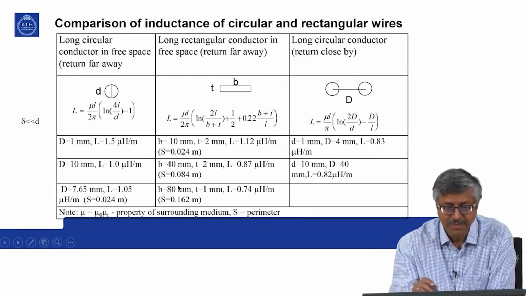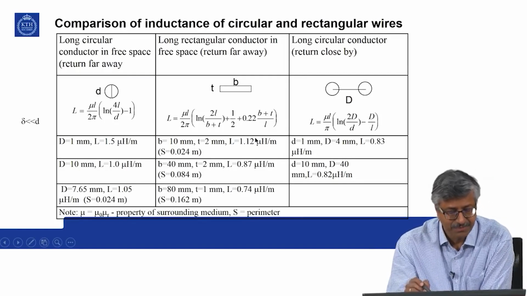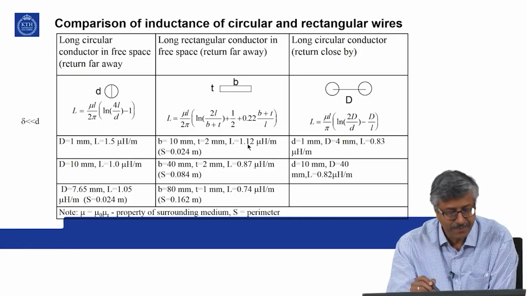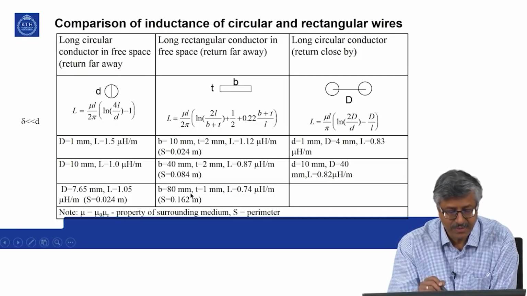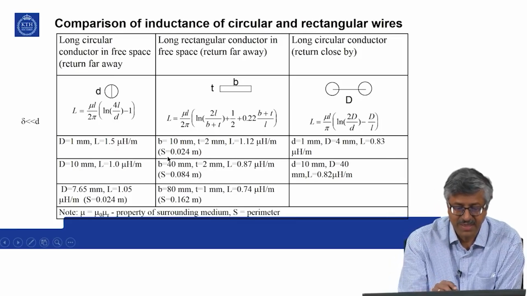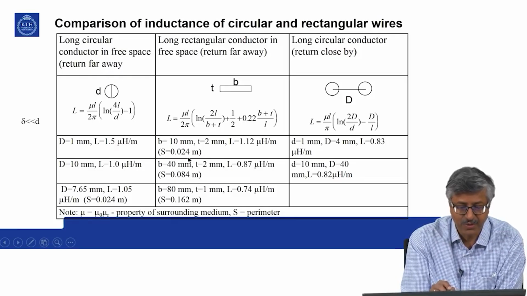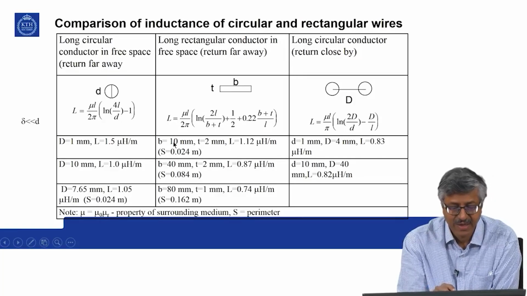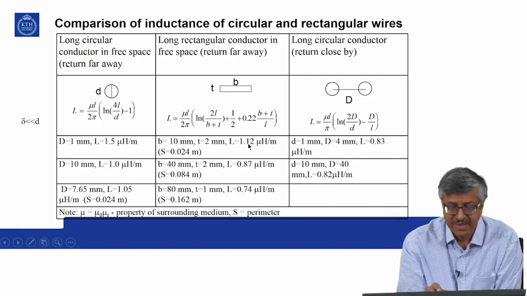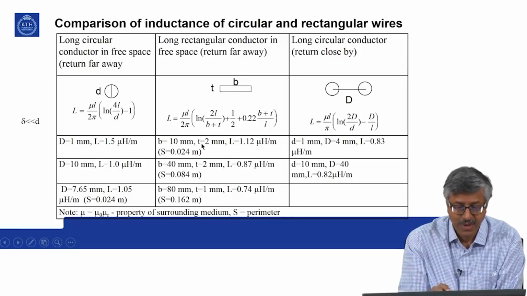Now, for the same thing with the rectangular conductor, here this is the expression for inductance, and with a certain thickness S equal to 0.024 you get the surface area, and the inductance is 1.12.